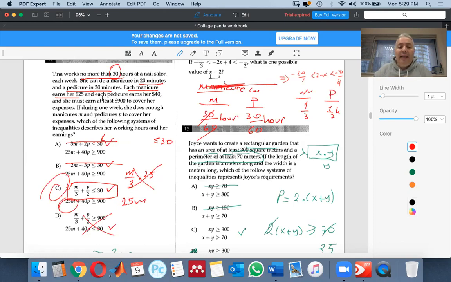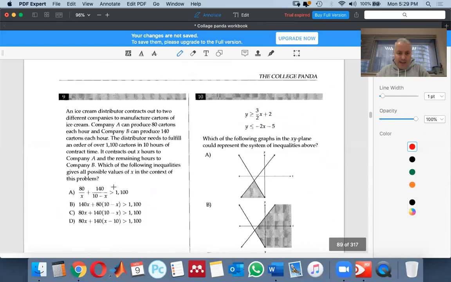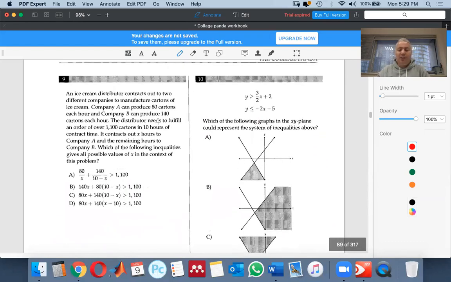Good. And each pedicure 40, so 40P. So I am 100% sure now this is C. At least 900, which means greater than or equal to 900. Okay? Good. Do I have anything like that? Yes, what about this question?